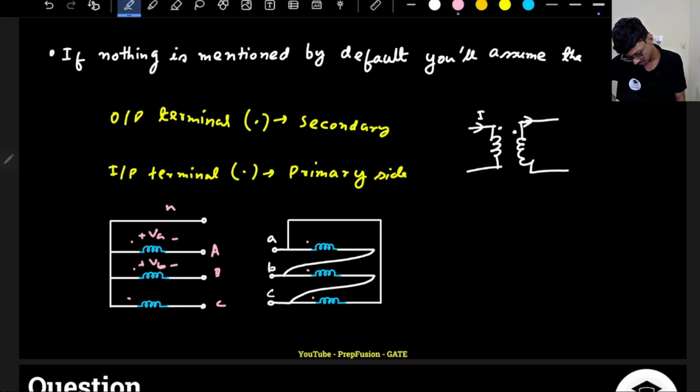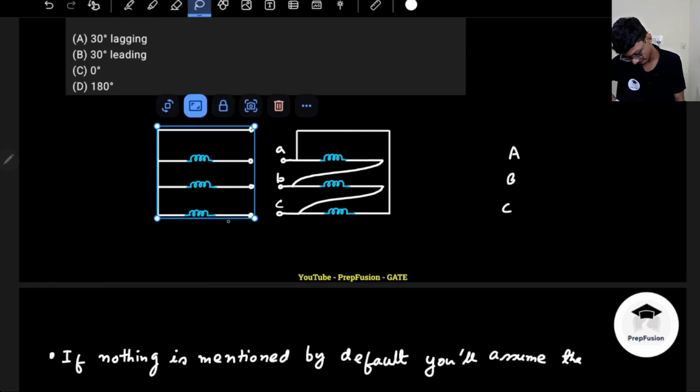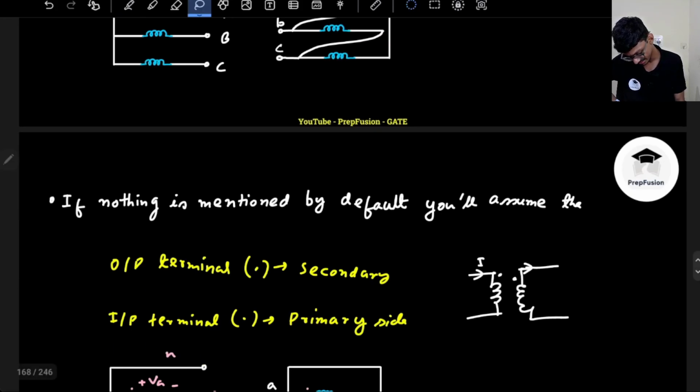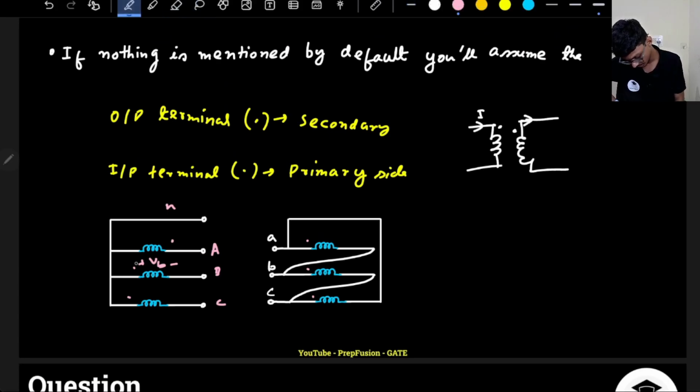The dot will come here, here, and here. So this will be plus minus VA, plus minus VB, plus minus VC, and on the other side plus minus VA here, plus minus VB here, plus minus VC here.